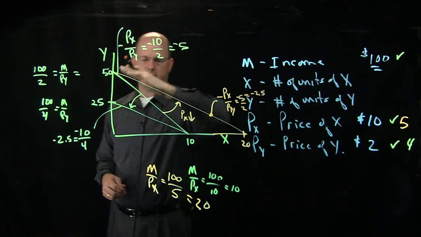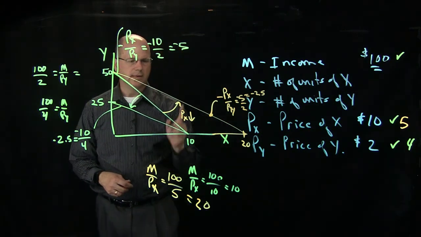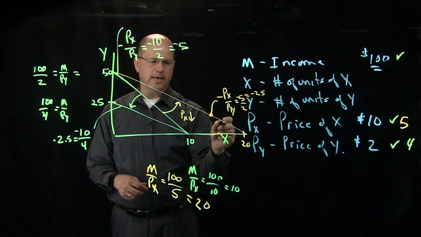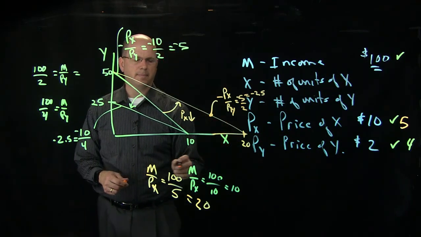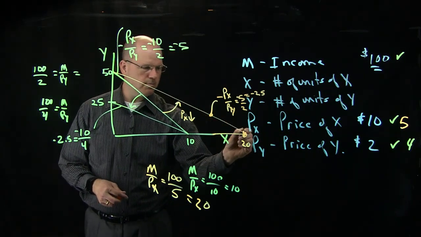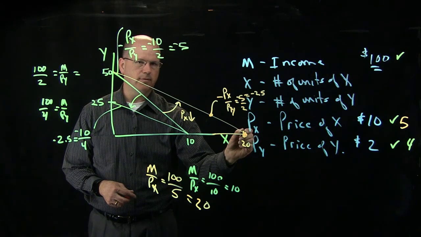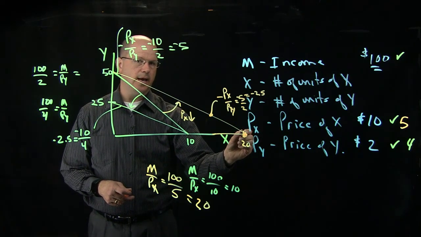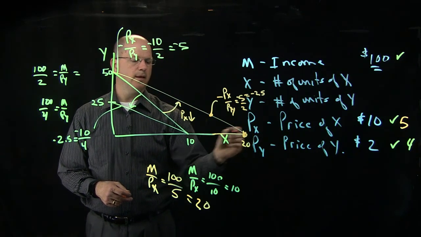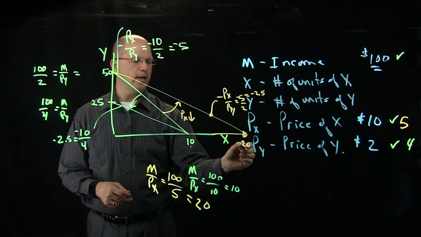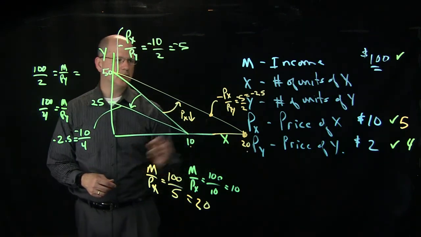The slope is actually the same in those two cases, but the feasible set is much larger here, right? So again, if you're only buying good X, and X becomes cheaper, instead of buying 10 units of good X, you can buy 20 units of good X in this example.